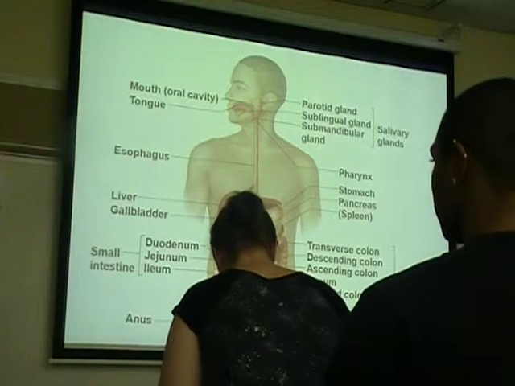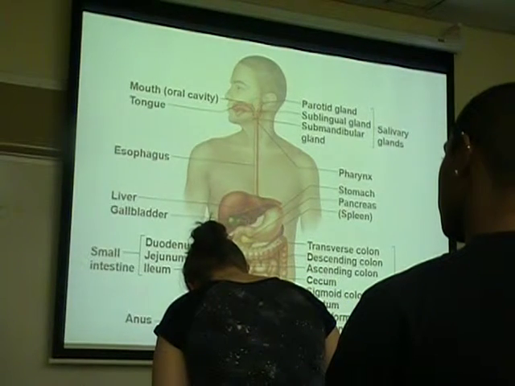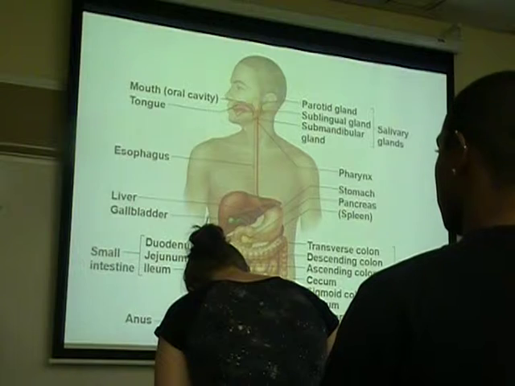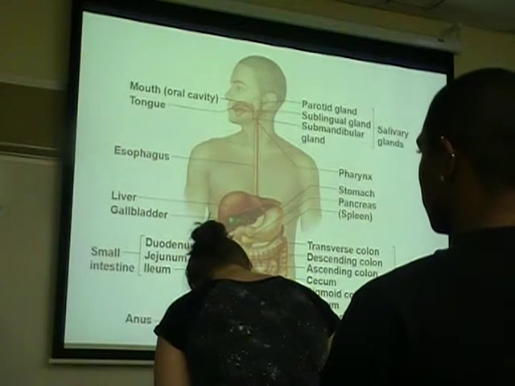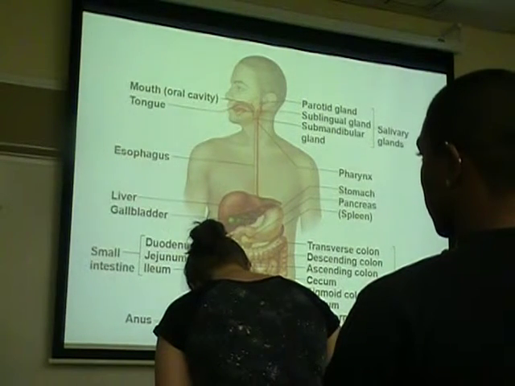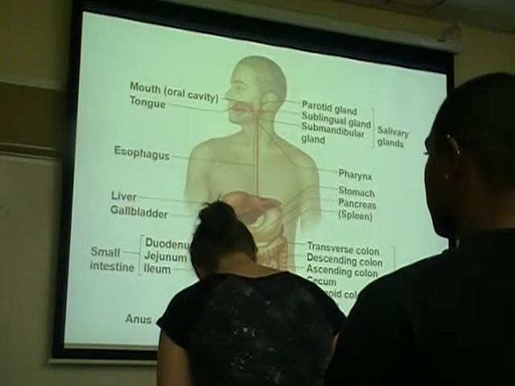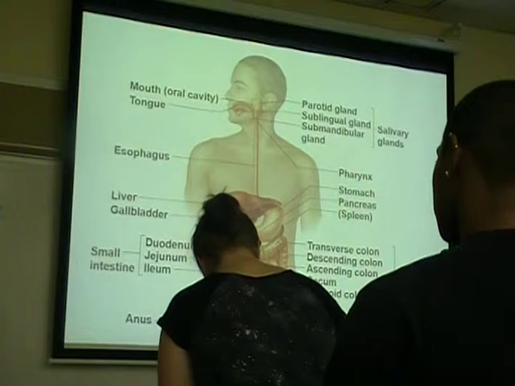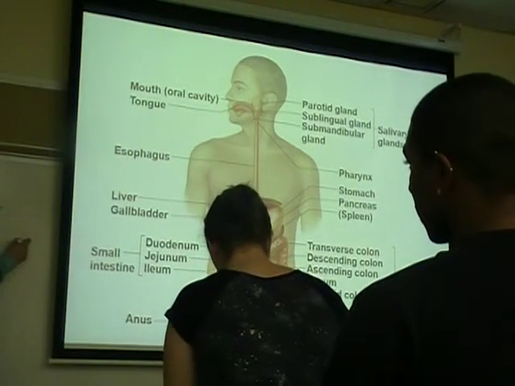So so far we've identified a couple of enzymes in the saliva, and you say, what's the pH of saliva? It's mildly acidic, not like stomach acid, but mildly acidic. It can even range to a bit basic, so maybe 6.8 to 7.4 or so.